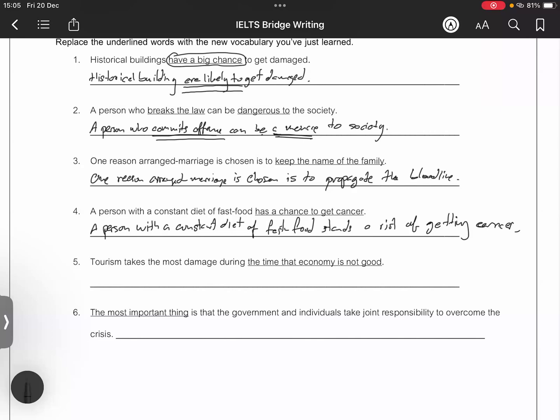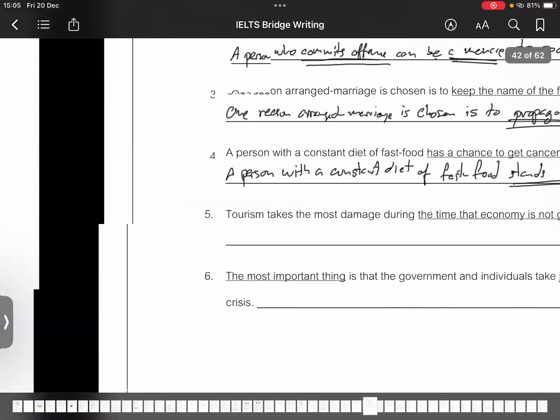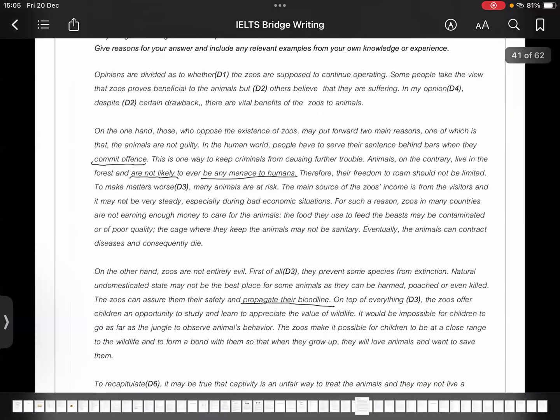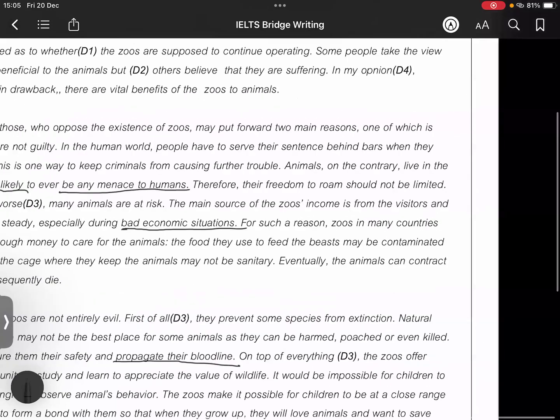Right, next. Tourism take the most damage during the time the economy is not good. Right. Again, from the previous page, this similar expression could be bad economic situation.